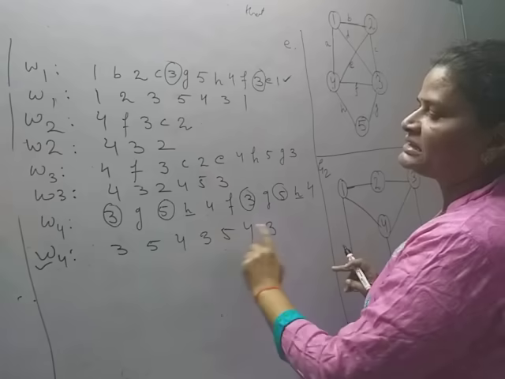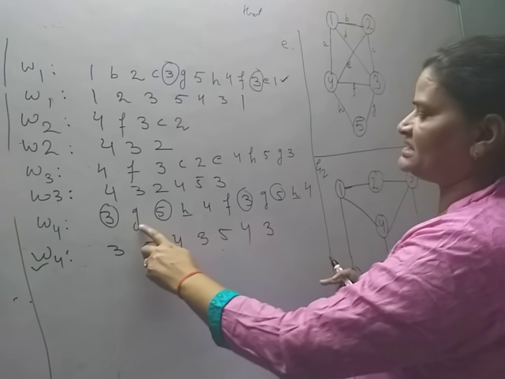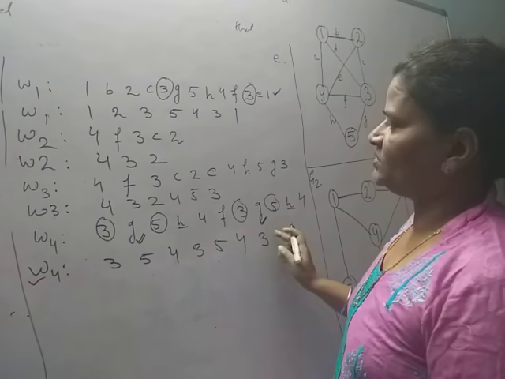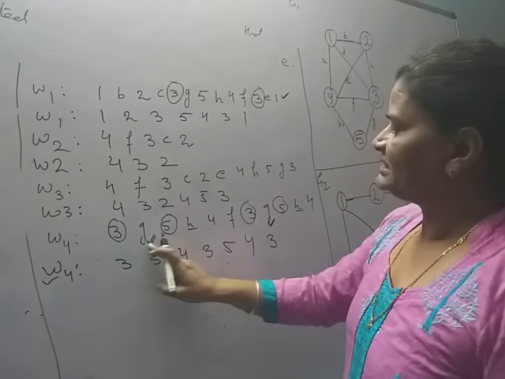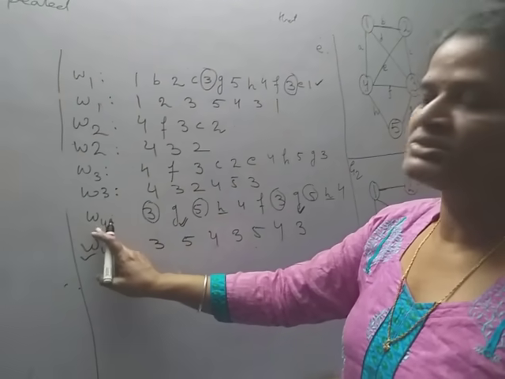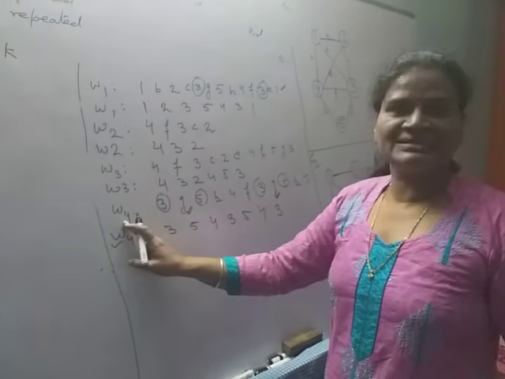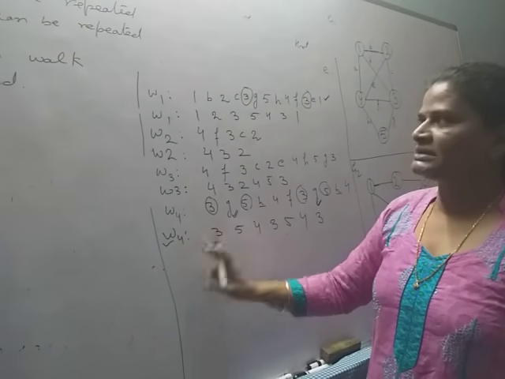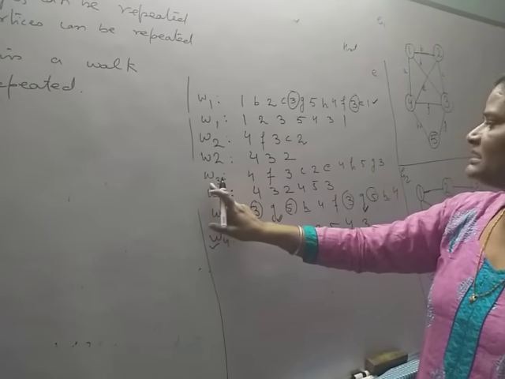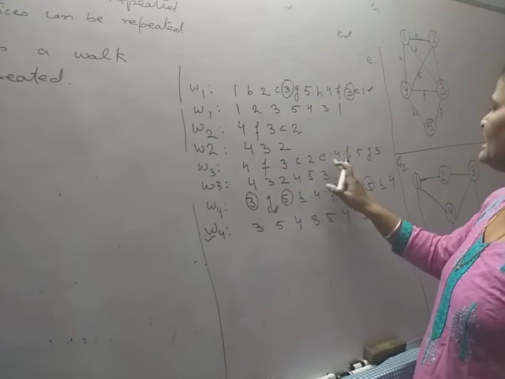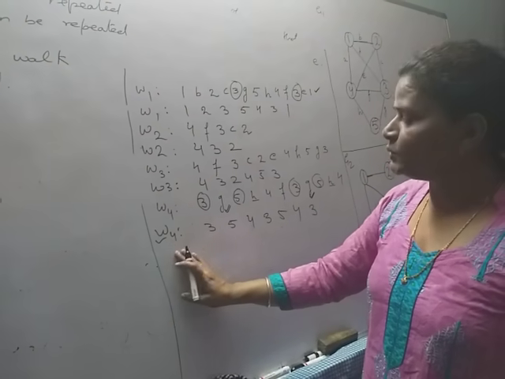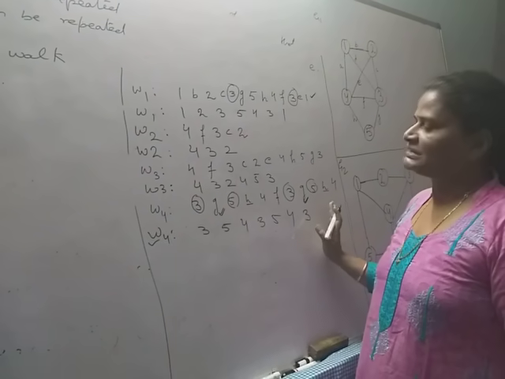So here see the edge, what edge? G, and this edge G. The edge is repeating, so W4 is not a trail. This is a walk, but it is not a trail. The others are walk as well as trail. This is walk F C E H G, no edge is repeating, but W4 is not a trail.